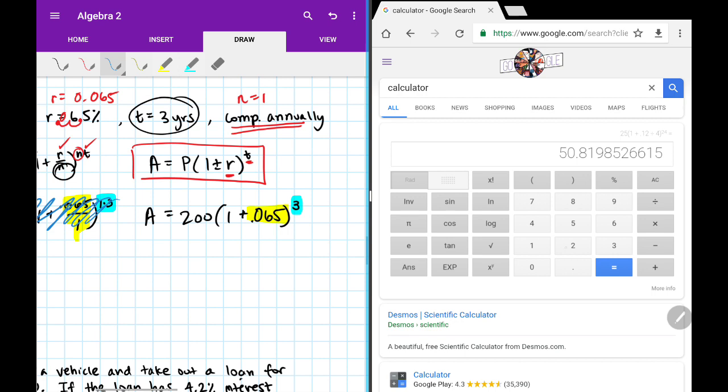So what does our $200 grow to? Well, if it's growing at a rate of 6.5% or 0.065, and it's growing for 3 years, we are going to end up with a nice, cool $241 and 59 cents.